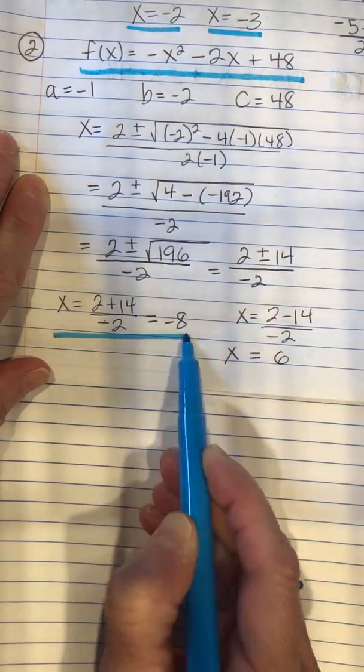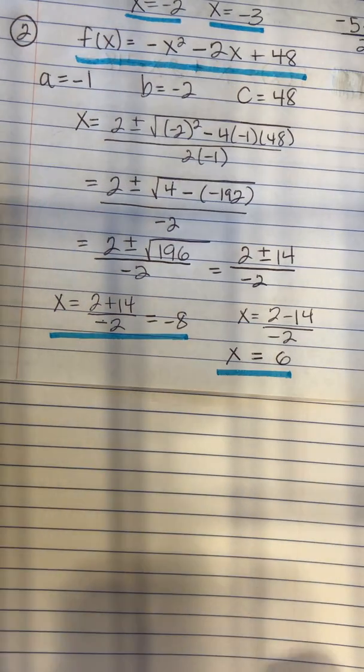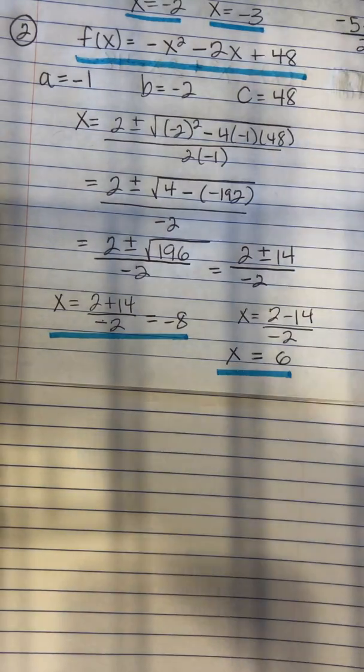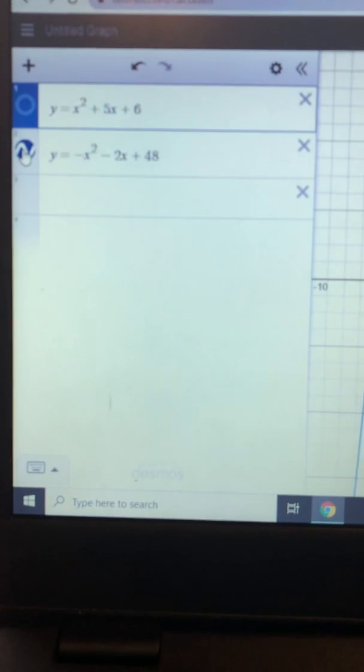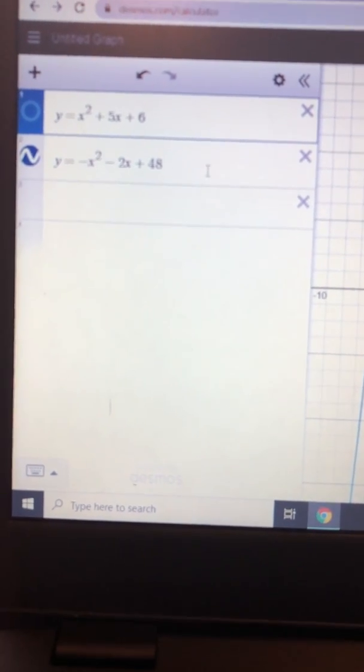And we determined that its two zeros, or its two x-intercepts, are located at x equals negative 8 and x equals 6.